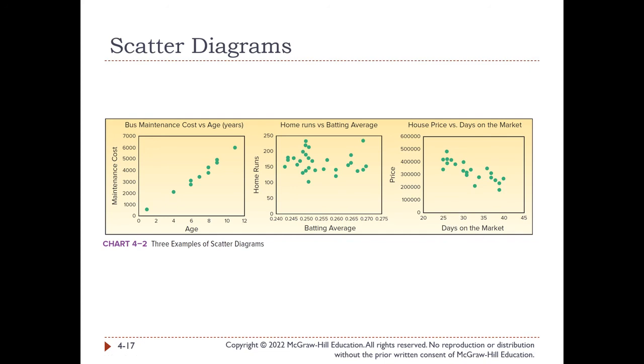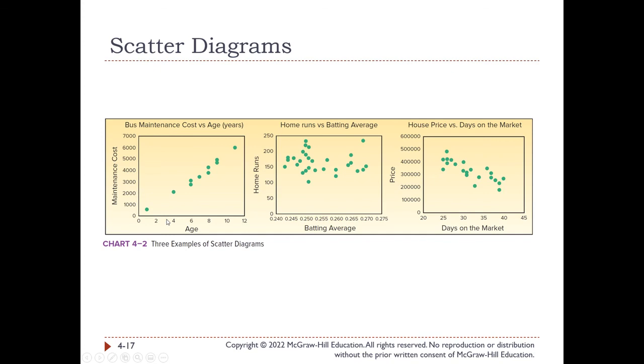So again, we're going to put one of the variables, usually the independent variable, on the horizontal side, and the dependent variable on the vertical side. Basically, the independent ones are the ones we can really just change, like age. We can pick the age of a vehicle, but the maintenance costs rise as it goes.